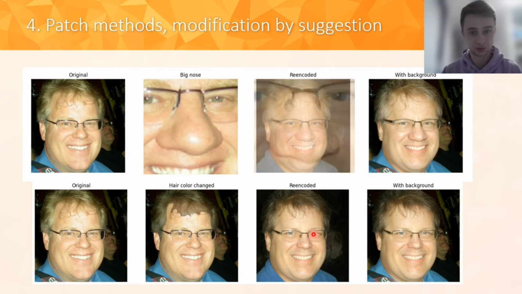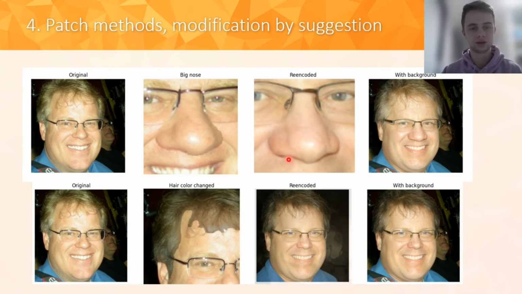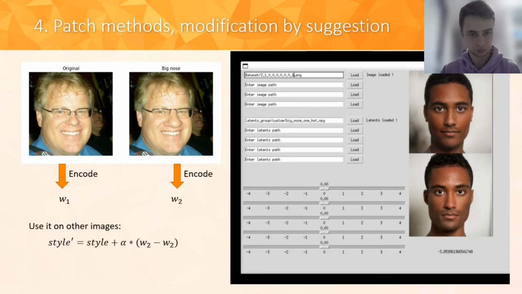And so if we zoom in a little bit, we see that here we indeed made some kind of collage, and this ends up being a realistic nose. Same goes for the hair. We see how we colorized some part of the hair, and there we see that we have realistic hair that looks blacker than the original.